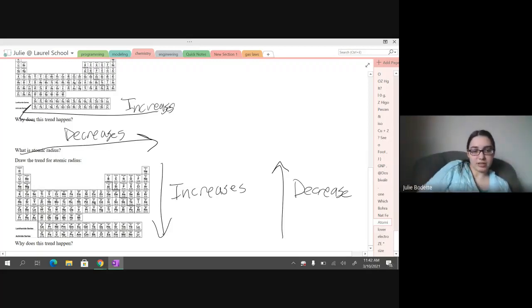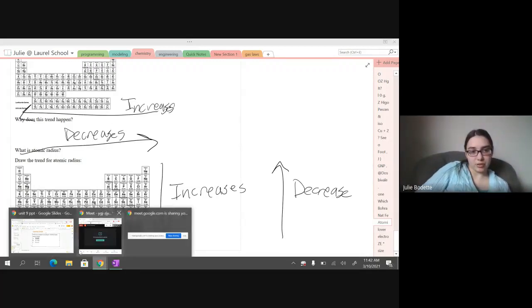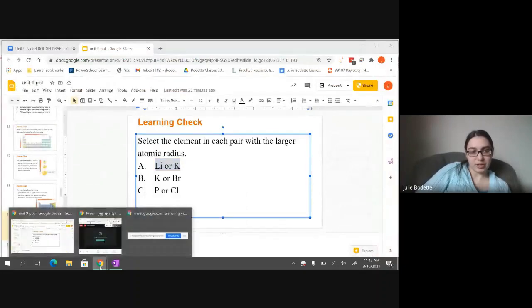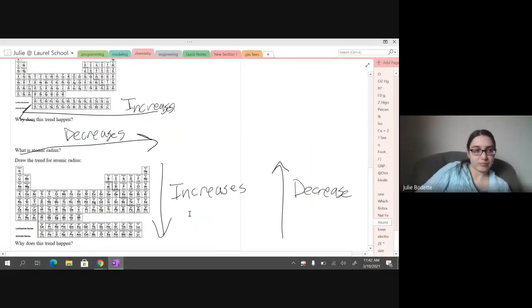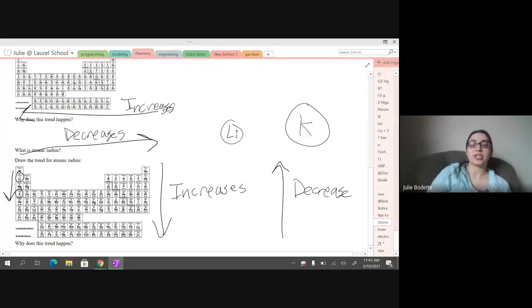They asked us to compare lithium and potassium. Here's lithium, here's potassium. I know my trend as I go down is that atomic radius increases, so lithium must be smaller and potassium must be bigger.